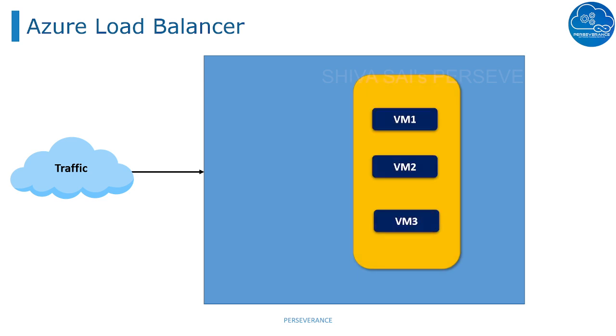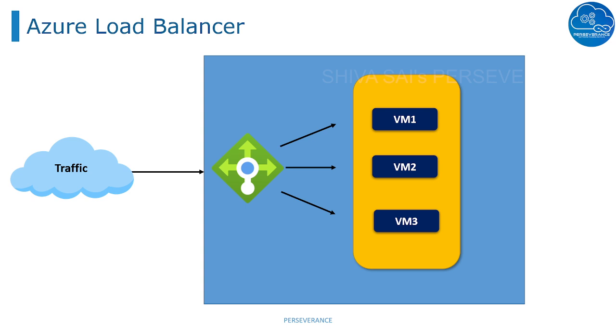The same application is hosted in all these three machines, virtual machine 1, 2, and 3. Now, based on the user's request, the connection should be balanced across different machines.